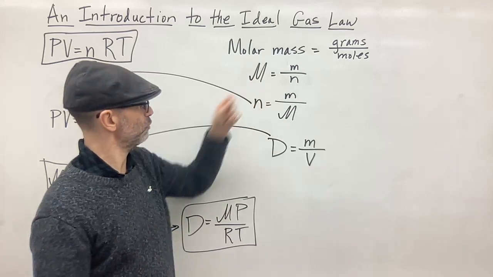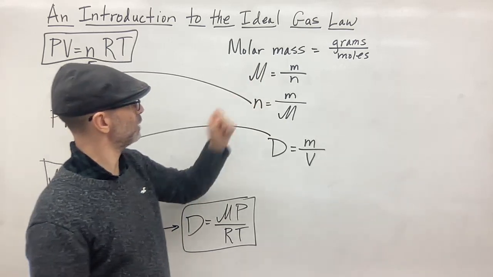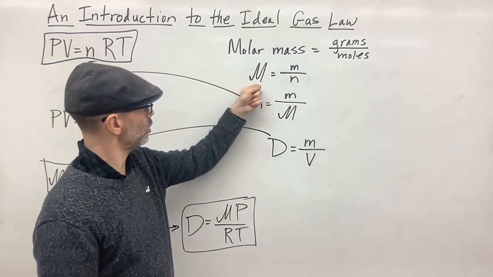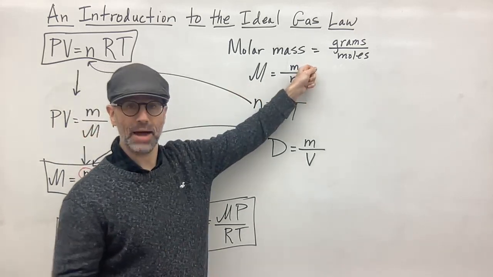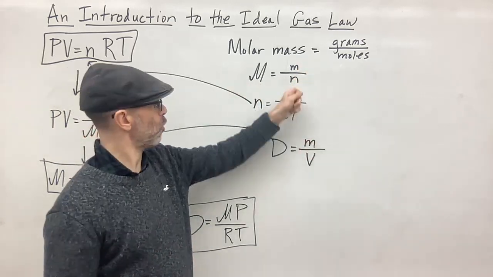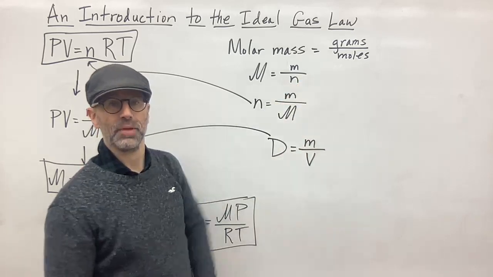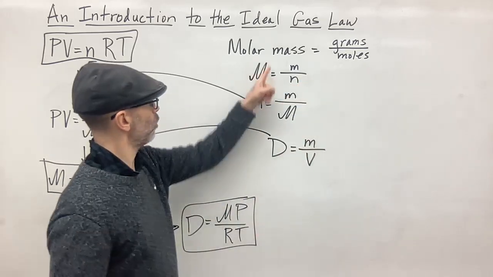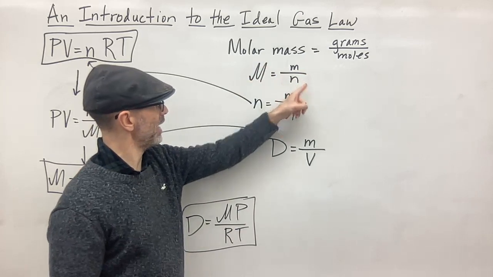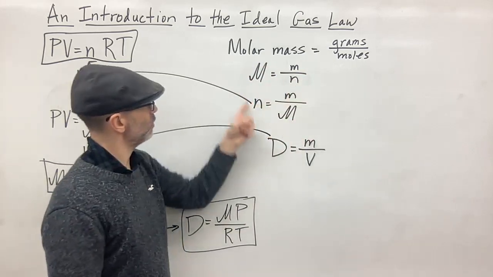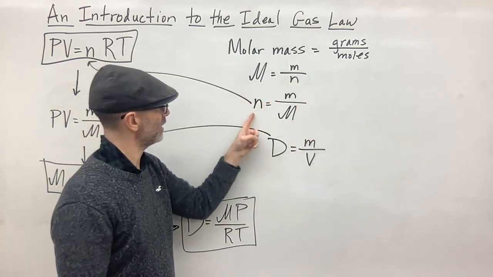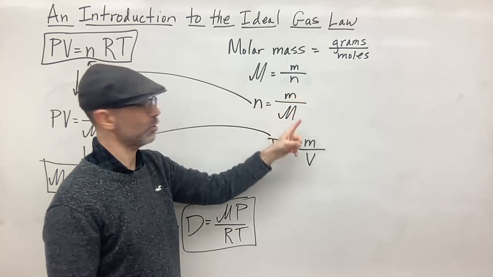We don't want to confuse symbols. So here we have molar mass equal to m for mass in grams over the number of moles n. Since molar mass is equal to m over n, we can rearrange this so that n is equal to the mass over the molar mass.